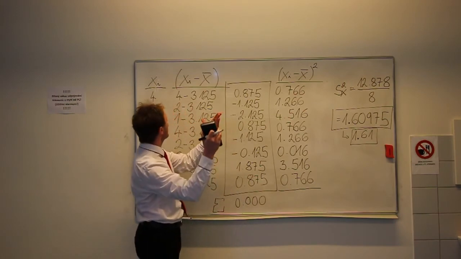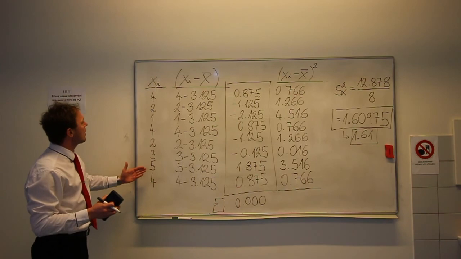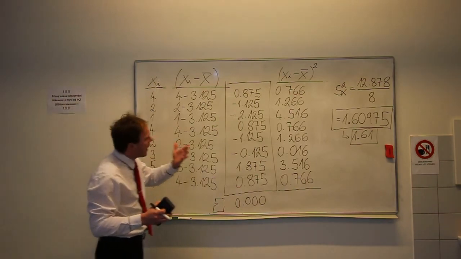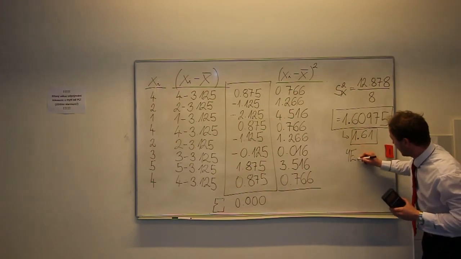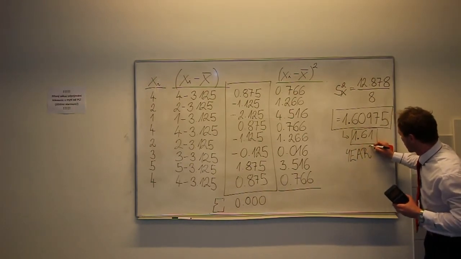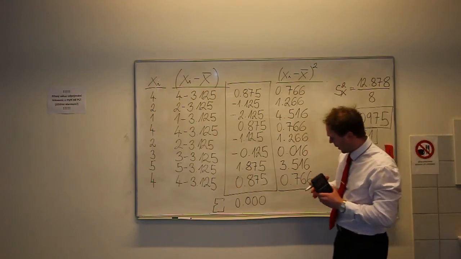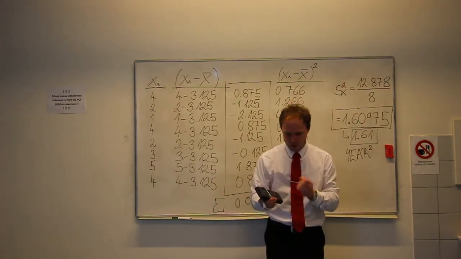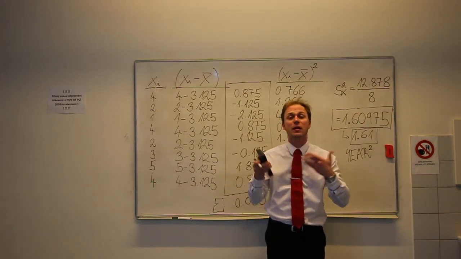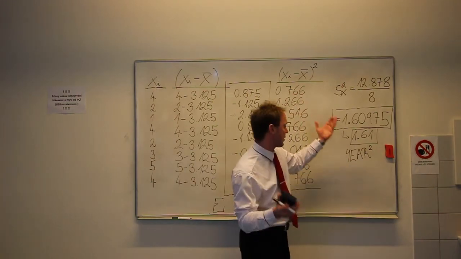What is it here? There is a variable in years. And what is a squared year? I don't know what a squared year is. I know what a squared meter is, I know what a squared centimeter is, but I don't know what a squared year is.